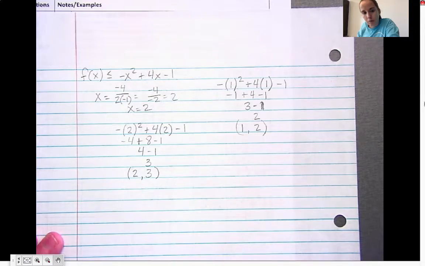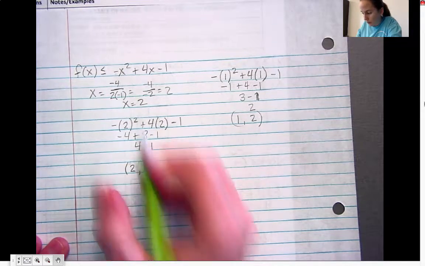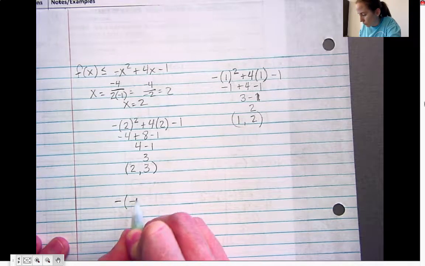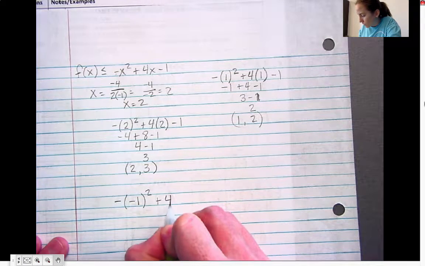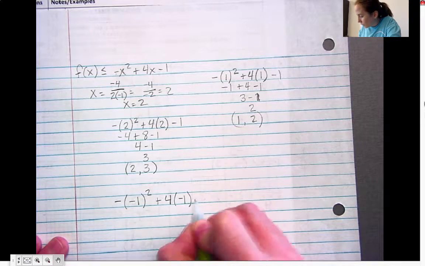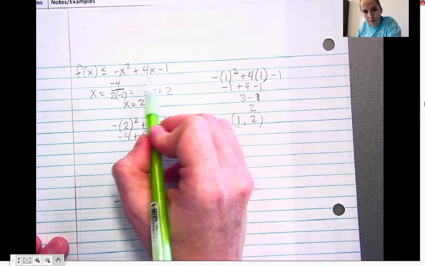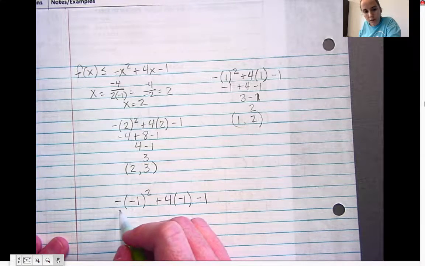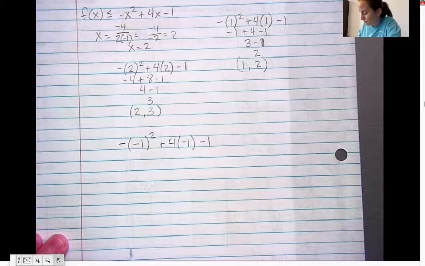The negative that I'm going to plug in is part of my x. So I keep the negative part of the equation, and then I say, okay, my x value is negative 1. And then I have to square that. Plus 4 times negative 1. The problem is usually at the beginning. If you see a negative, just be really careful and make sure you plug in correctly for whatever x is.